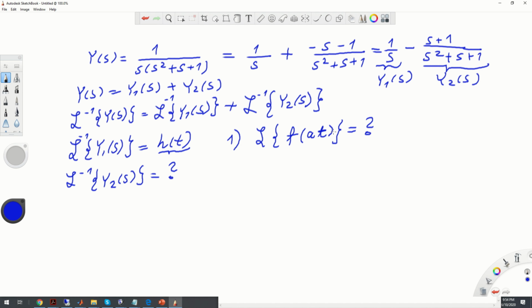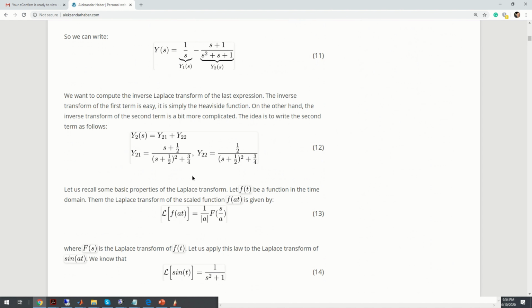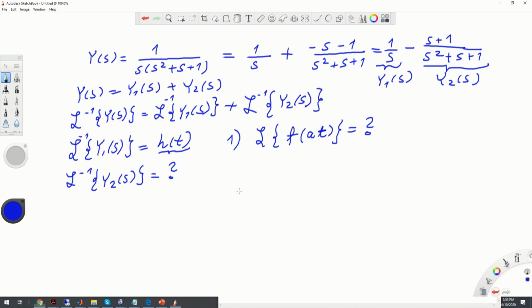What is the Laplace transform of a scaled function where a is a constant? Well, I'm going to go back and show you my post. If you have a function f of at, its Laplace transform is 1 over absolute a times F of s over a. So if you substitute it here, you obtain 1 over absolute a multiplying F of s over a.